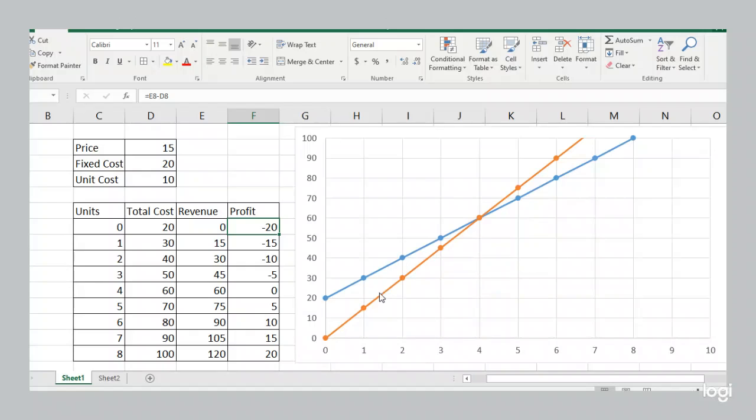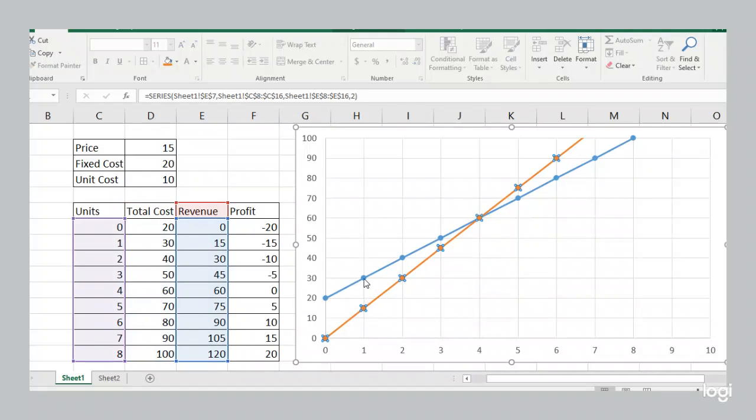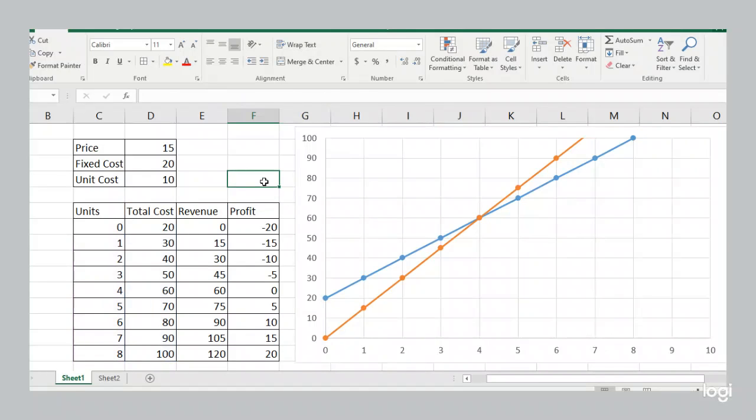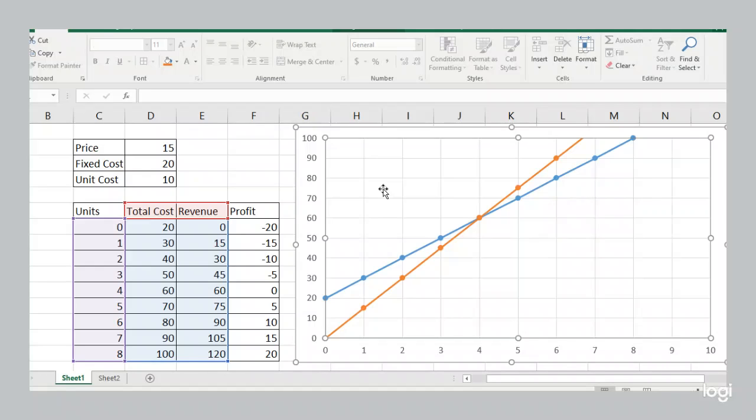When the blue curve is higher, you have a small number minus a bigger number, and you end up with a negative value. When the orange curve is higher, you have a larger number minus a smaller number, and the result is a positive number. So profit is positive.